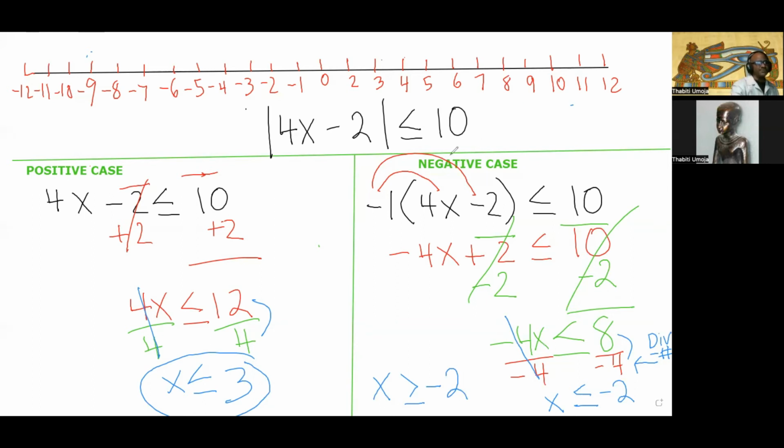Okay, so when we graph these, we have x is less than or equal to 3, and we have x is greater than or equal to negative 2. So we have a solid circle here. That's negative 2. Right? Then we have a positive 3.